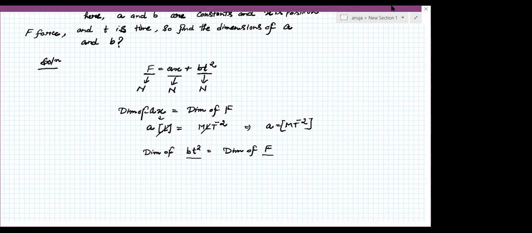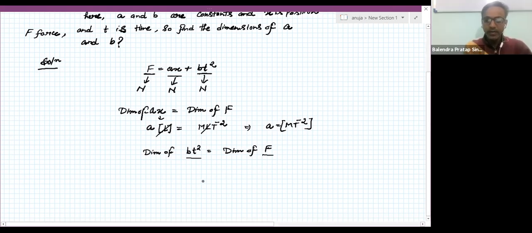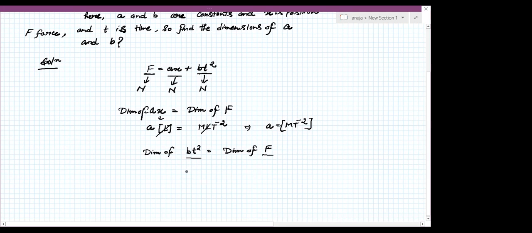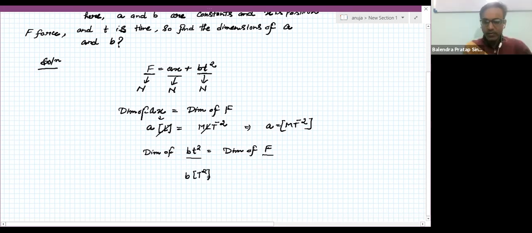Sir, I got B's value as MLT minus 4. Okay, here B times T square, T has dimension time square, is equal to the dimension of F, which is MLT minus 2. Just cross-check your procedure.